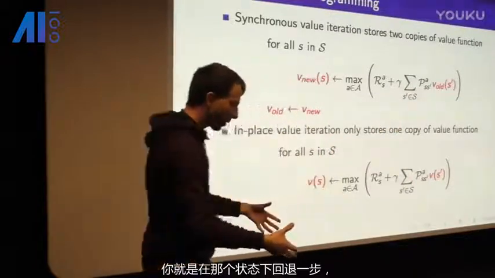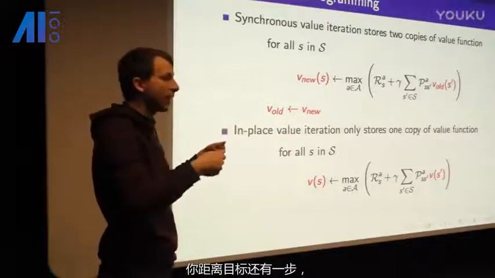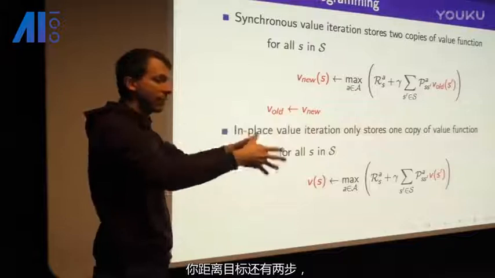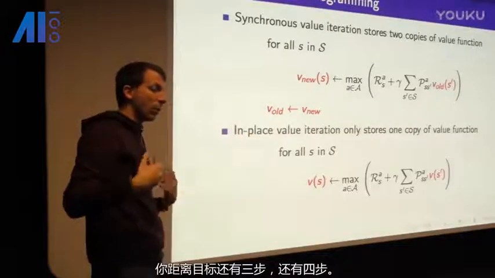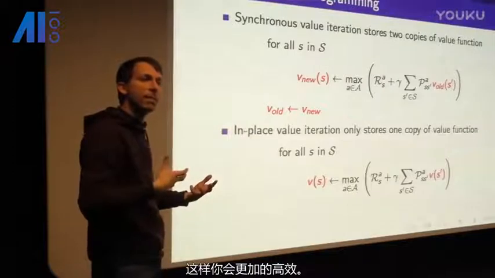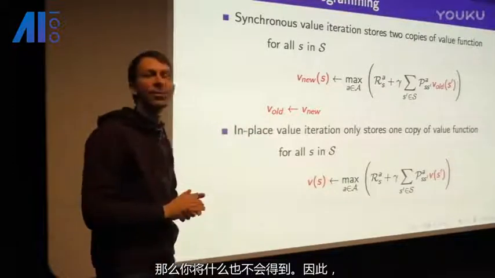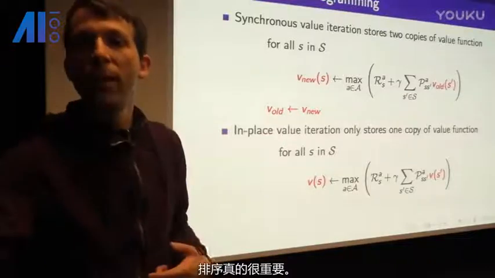You use that, step back one state, use your latest value figured out, so you're realizing that you're one step away from the goal, then 2 steps, then 3 steps, then 4 steps, and you're always using your last estimate to update it, so you can be much, much more efficient. If you swept through it the other way, you wouldn't gain anything. So the ordering really matters.